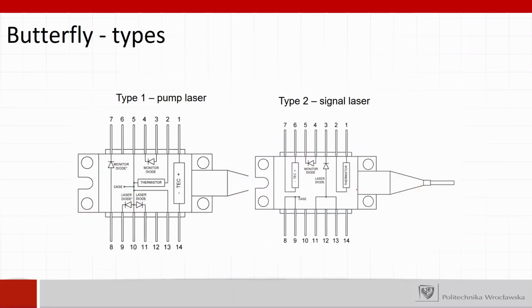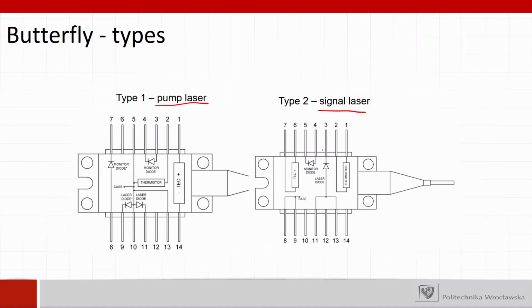So if you look at the pinouts, there are two standards. One standard applies to so-called pump lasers, lasers that emit higher powers, and type 2 to signal lasers, which are low power lasers. So always before you connect a butterfly laser, you need to make sure which type you have.